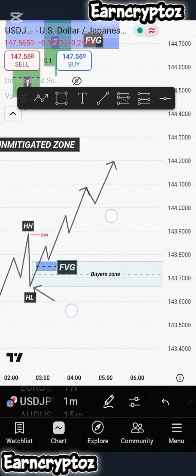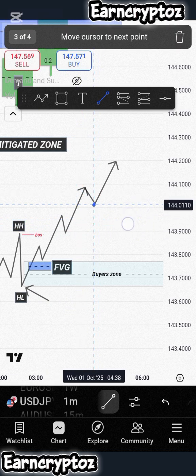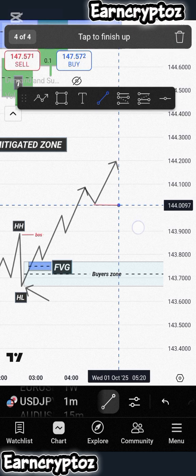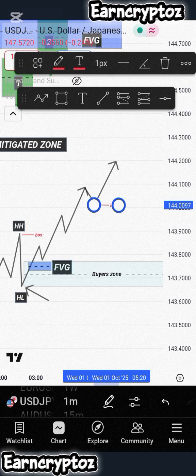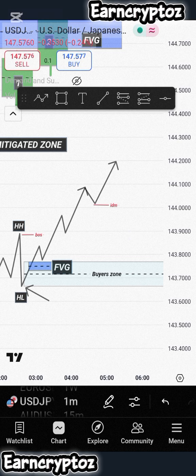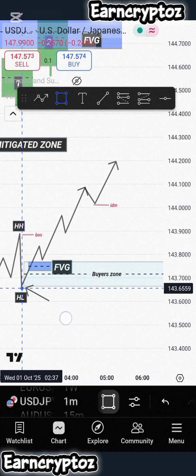So in this case now, this is our inducement. So this is inducement. So the first valid zone after inducement can also be considered as a POI. So this zone right here, it is not the extreme. This is the extreme. The higher low is the extreme.